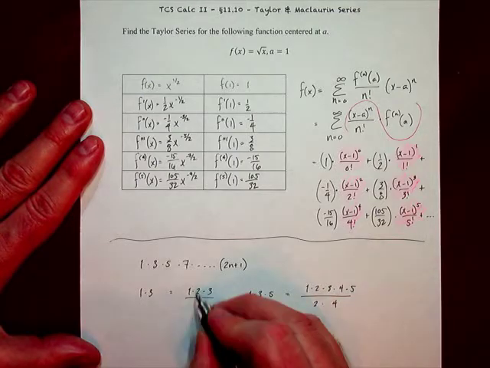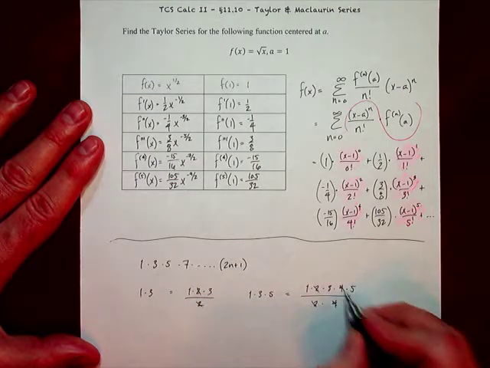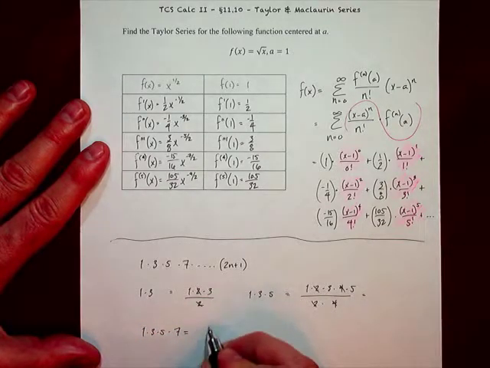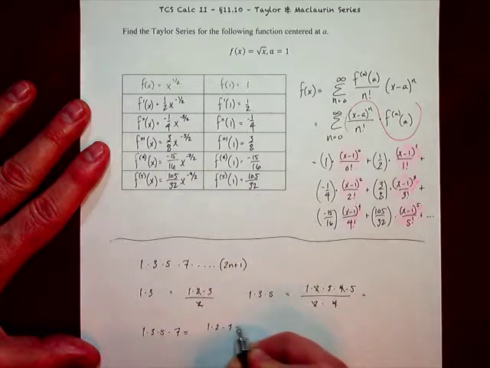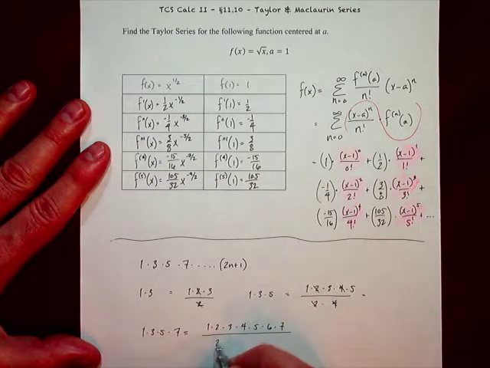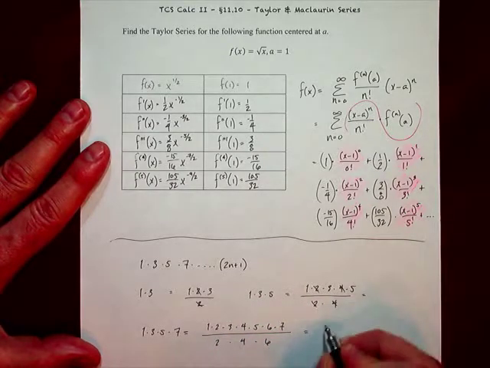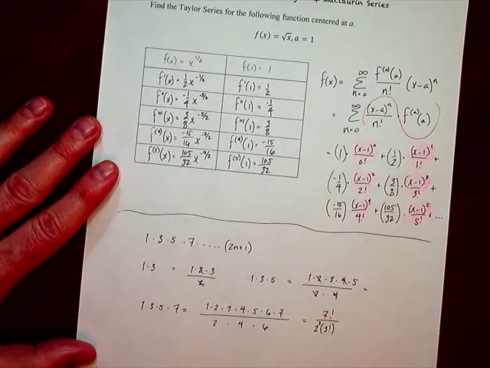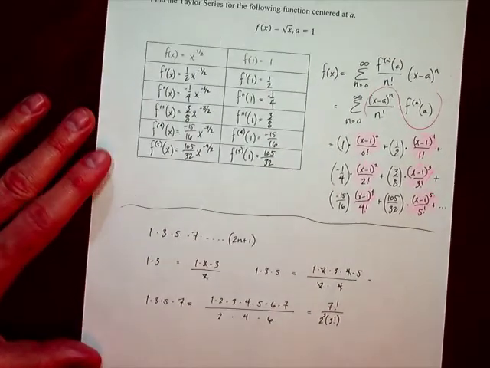And so you have 1 times 3 times 5 times 7, and that's 1 times 2 times 3 times 4 times 5 times 6 times 7 over 2 times 4 times 6. Now, that right there is 7 factorial over 2 to the 3rd times 3 factorial, right? So you need to basically pull out.